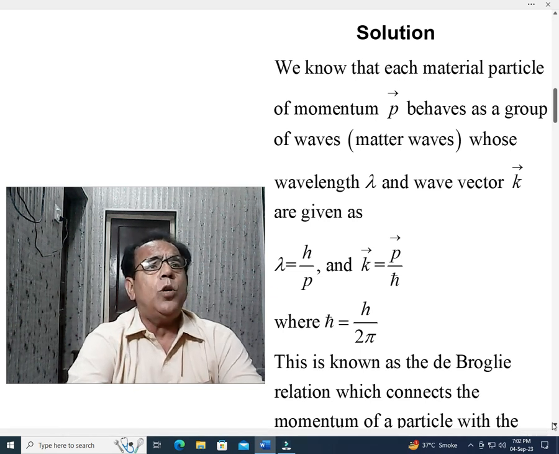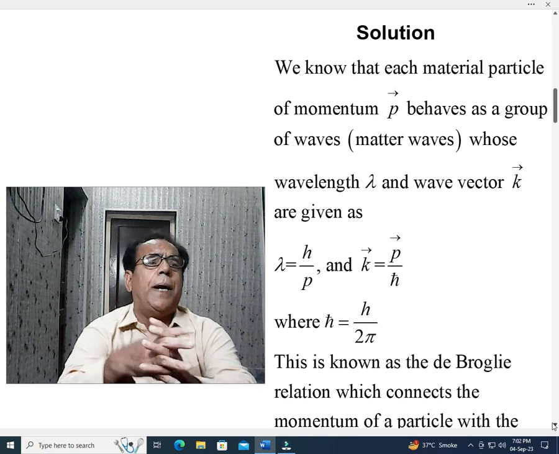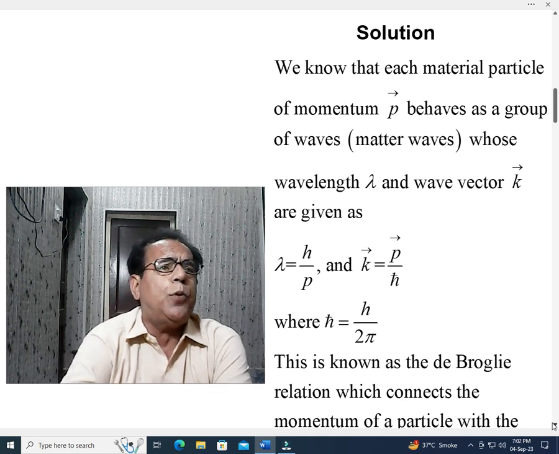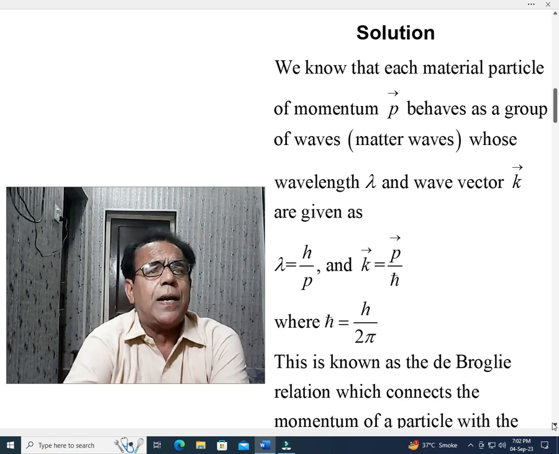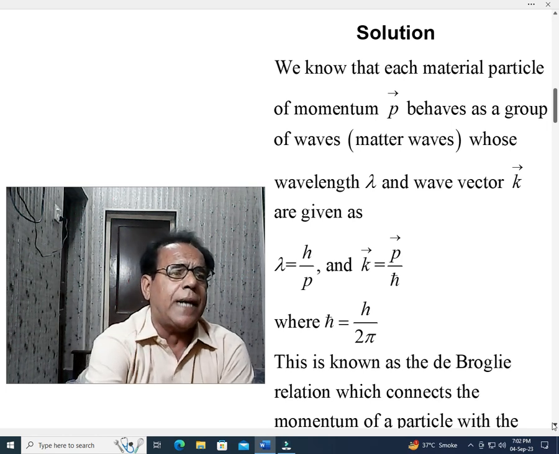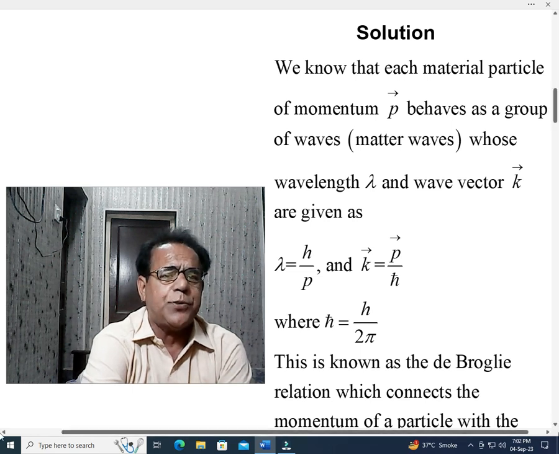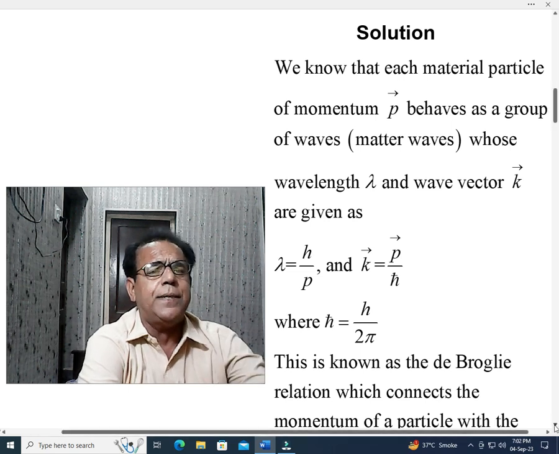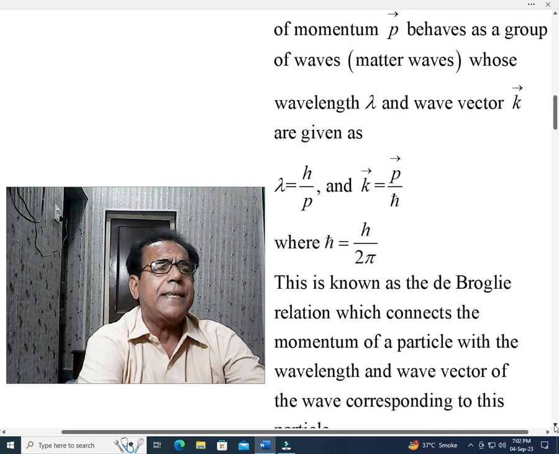We know that each material particle of momentum p behaves as a group of waves, matter waves, whose wavelength lambda and wave vector k are given as lambda equal to h over p and k equal to p over h cut, where h cut is equal to h over 2 pi. h cut is called h reduced, where h is Planck's constant.